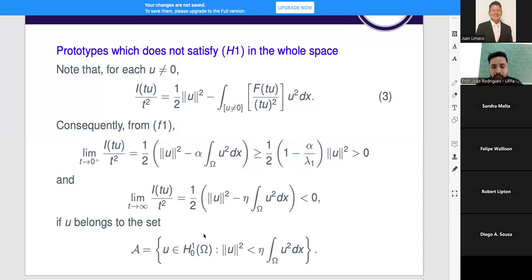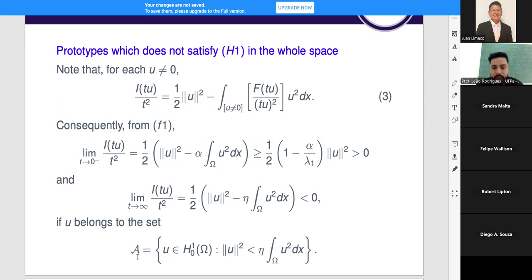Because if I have some function u belonging to this set, when I take this limit, I have that this limit is negative at infinity. So I will have that the fiber for all u belonging to set A has a unique global maximum point, as requested in the hypothesis of Zhang and Webb.